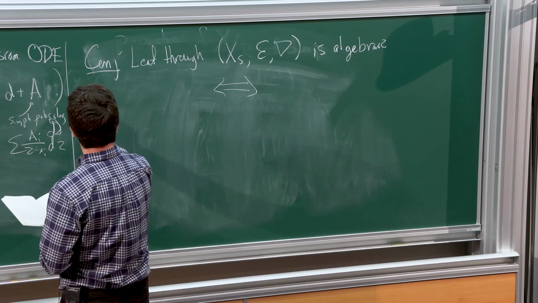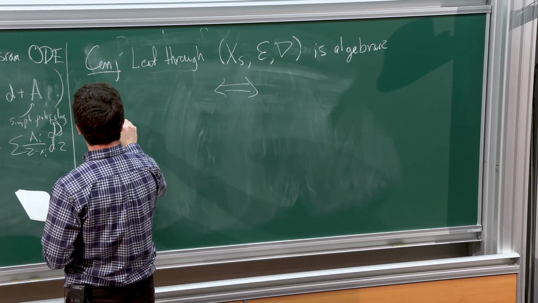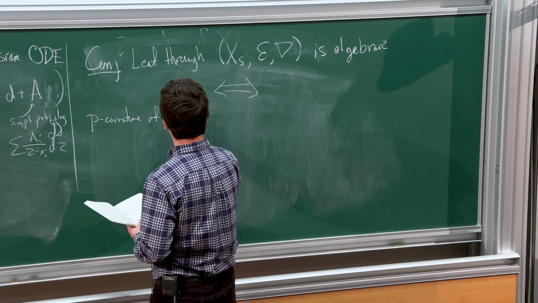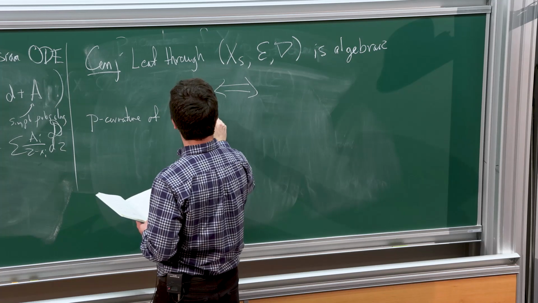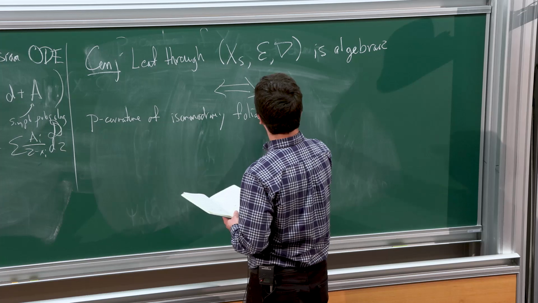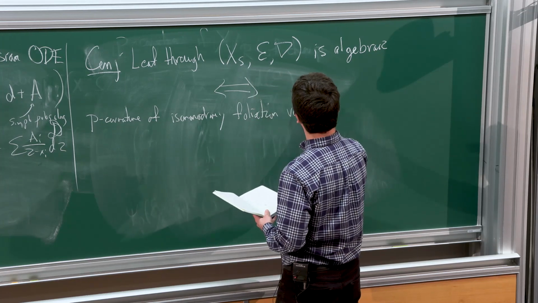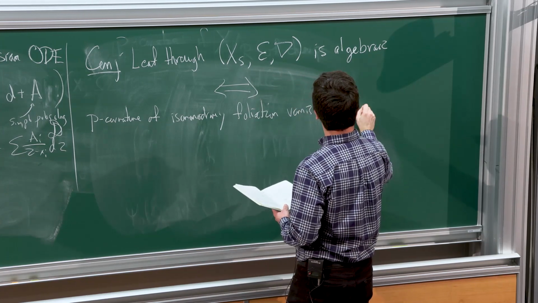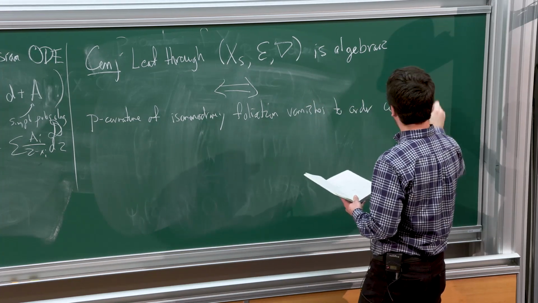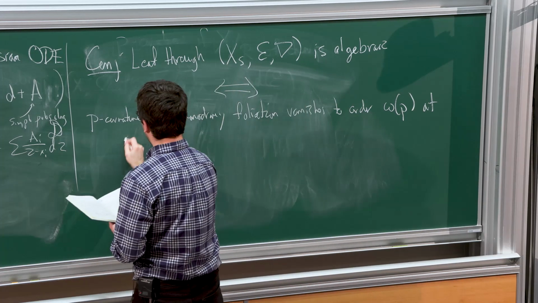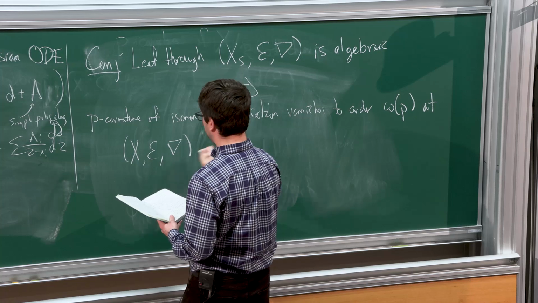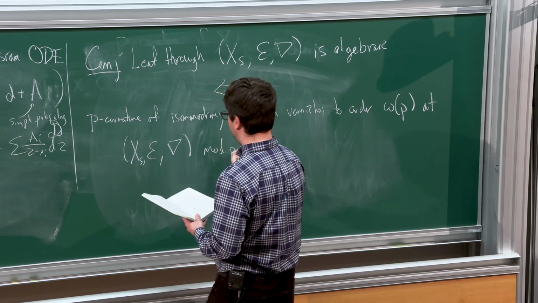The p-curvature of the isomonodromy foliation, I'm going to write something and then explain what it means, vanishes to order omega of p at (X_s, E, nabla) mod p for almost all p.